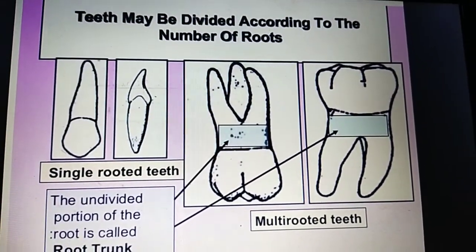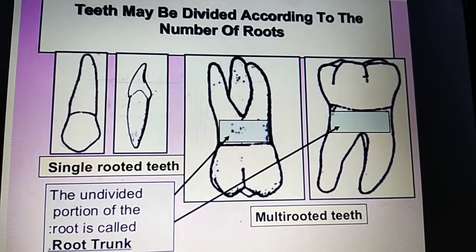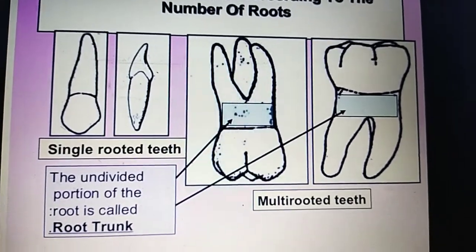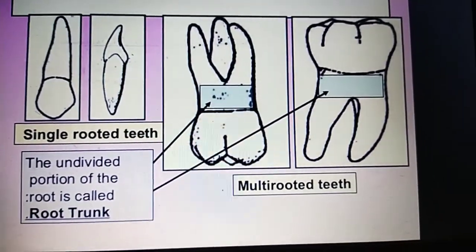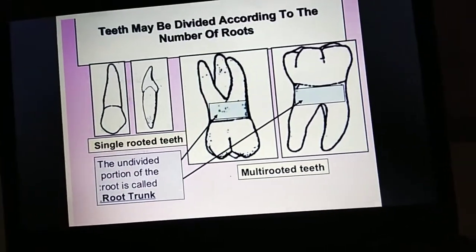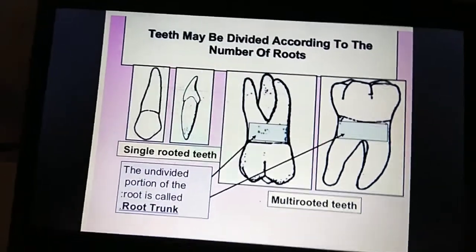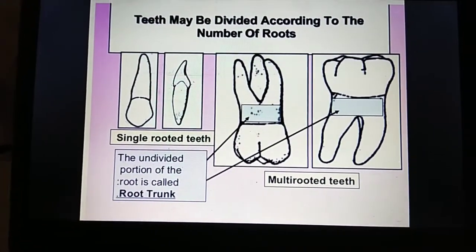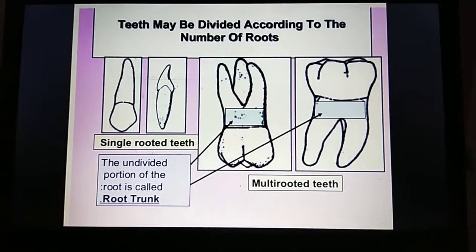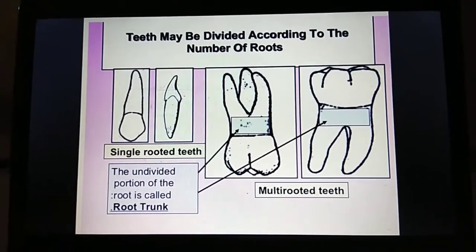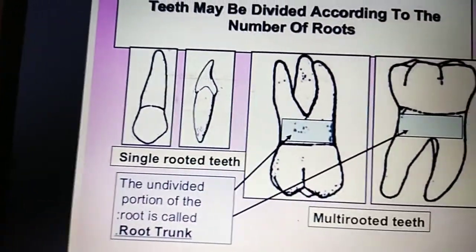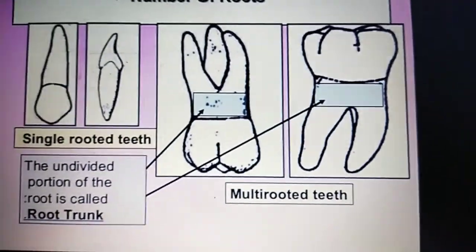Then teeth may be divided according to the number of roots: single rooted teeth and multiple rooted teeth. Single rooted teeth are present in the incisors and canines, and multi rooted teeth are present in the molars and premolars. You can see here the single root, and here multiple, 2 and 3.